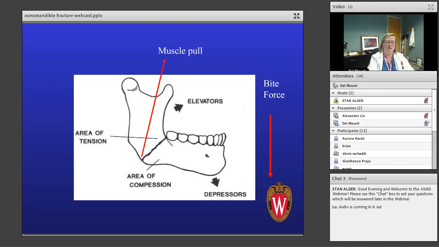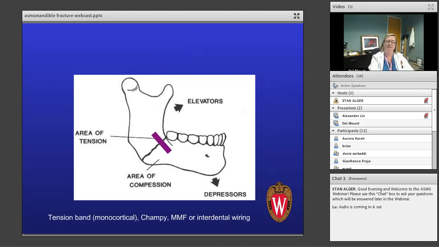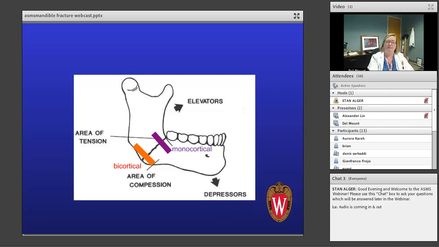All right. So all of those need to be taken into account. So we can control the tension, meaning that we're going to prevent it from opening up at that cephalad edge when bite force is applied. We can actually control that by putting a little monocortical plate in that region. How do we control the zone of compression? Well, this is the actual reduction area.